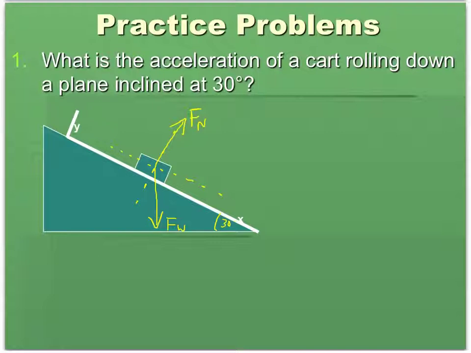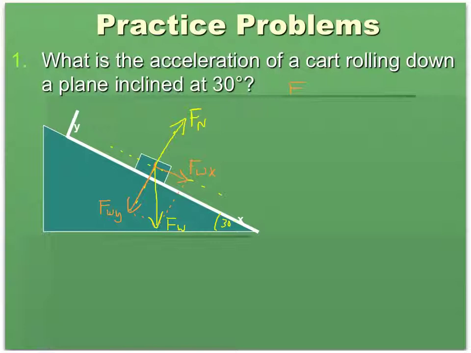What we learned to do yesterday is now take this FW, since it's not going in the X or Y direction, and I need to find its X and Y components. So there's FWX and FWY. And we know that in the Y direction, we have an overall net of 0.